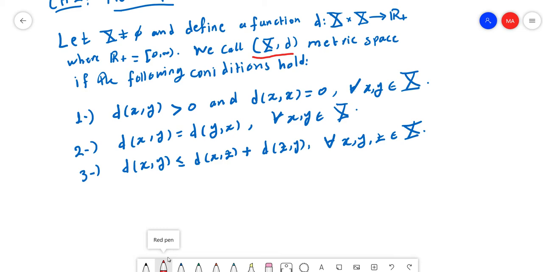In any space X, the elements of the space, as you know, are points.